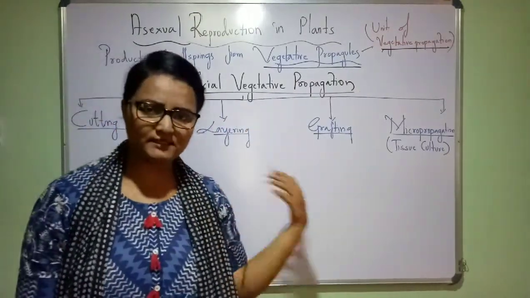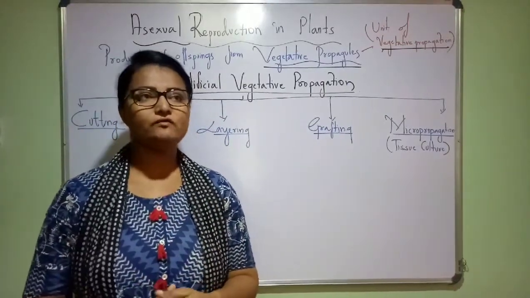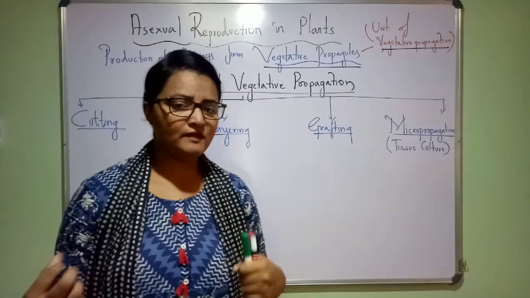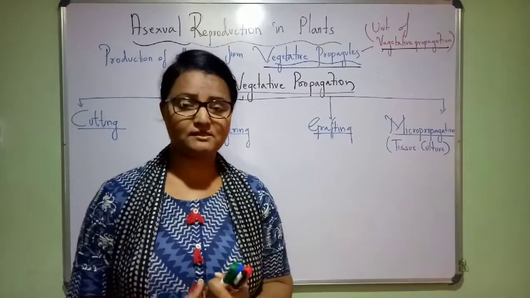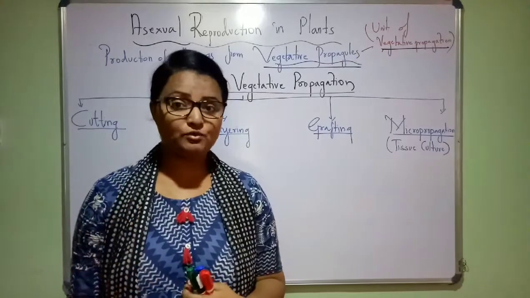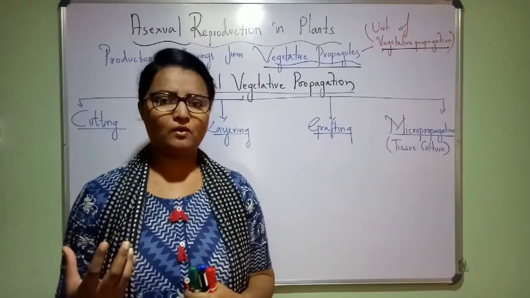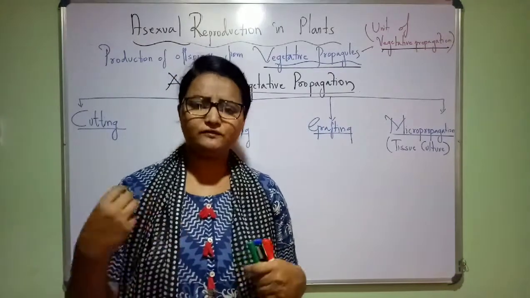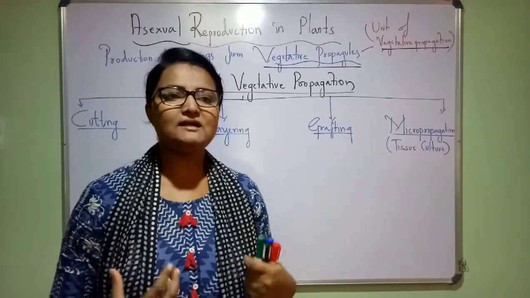Why do people use artificial methods rather than natural vegetative propagation? Because plants grow outside in the environment and nature, where there are unfavorable conditions. Sometimes in drought season there is scarcity of water, the plant may be attacked by pathogens, or suffer from several diseases. Sometimes plants are sterile and unable to produce fruits.